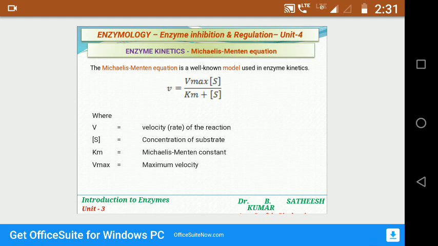It will not change with the changing conditions. And so the Vmax is the maximum velocity. So at maximum concentration or excess substrate concentration levels, the enzyme will have maximum velocity, that is called Vmax.